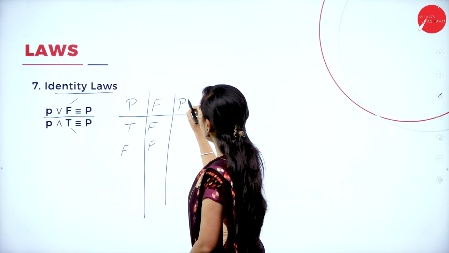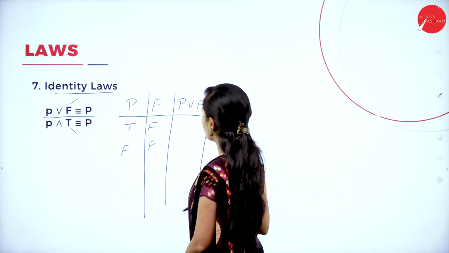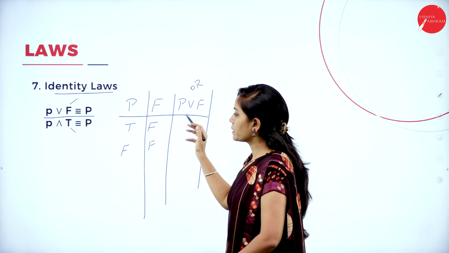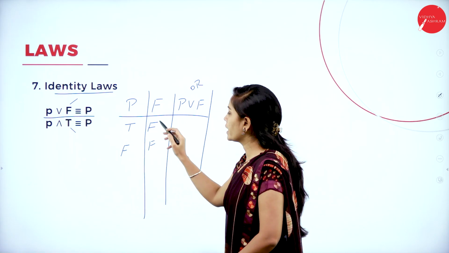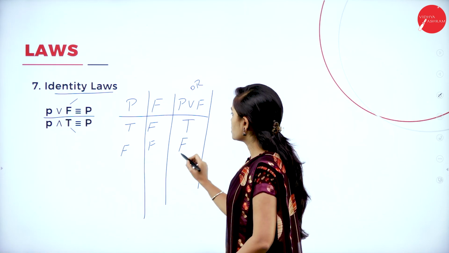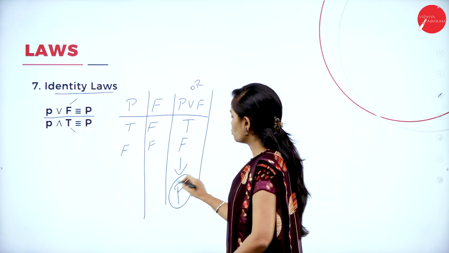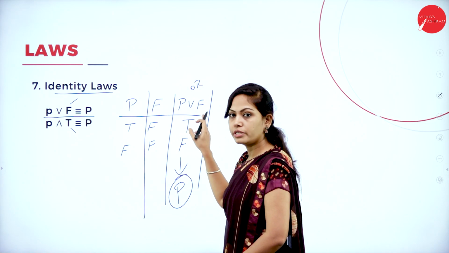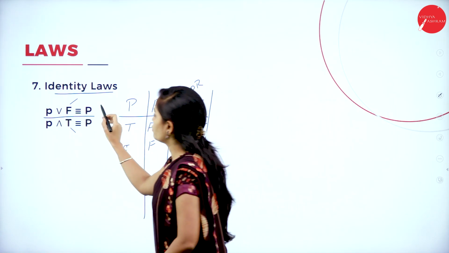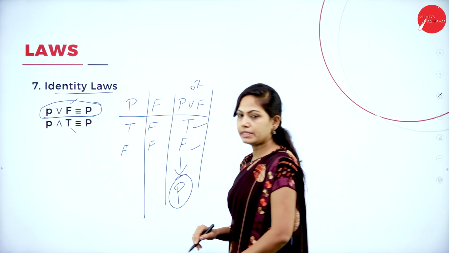I am using P or F. So what will you get? Here I am using the OR operation. What is the OR operation? If any one of the conditions is true, you will get true. So false, false means false. So this is your P values, right? So the truth value of this P or F is P. Again you will get true, false. So this is your first condition of the identity law.